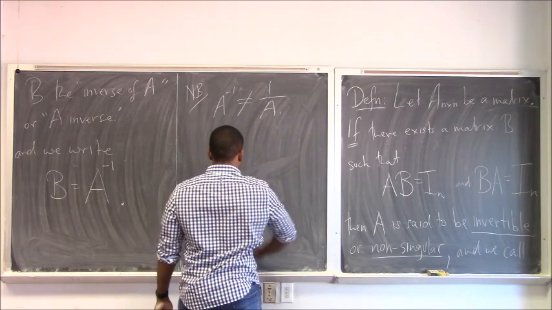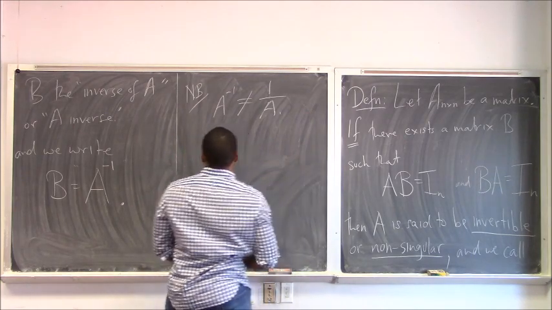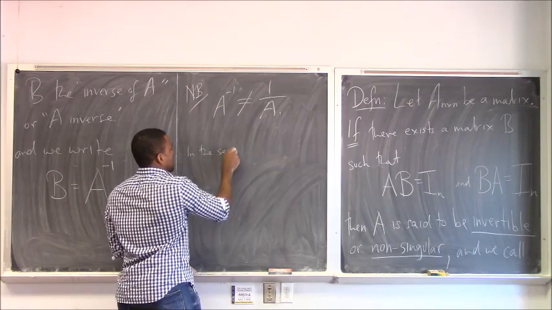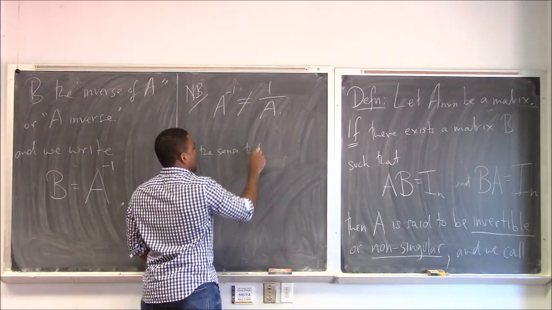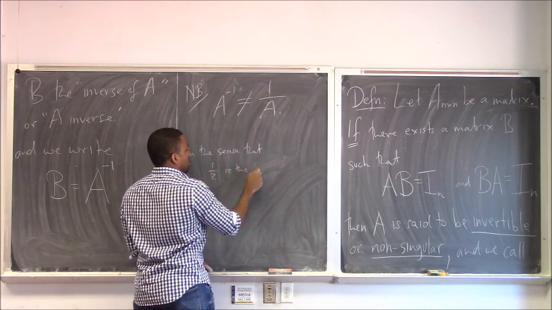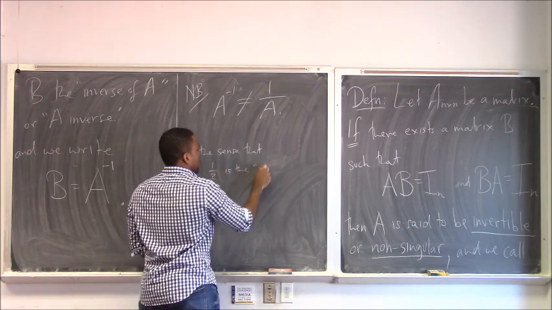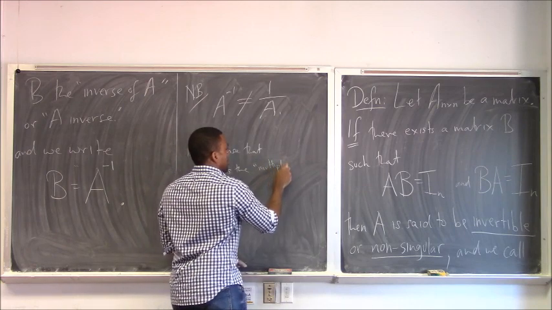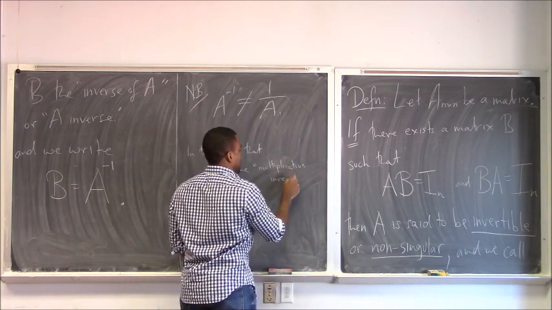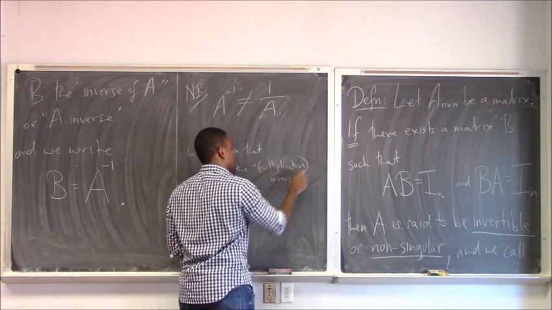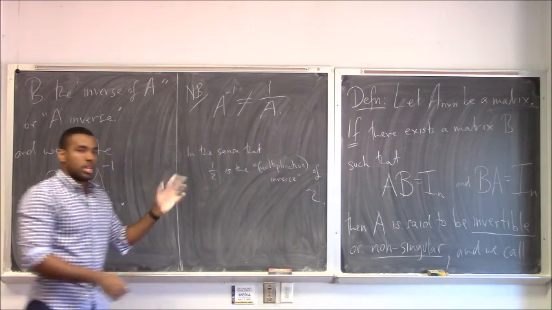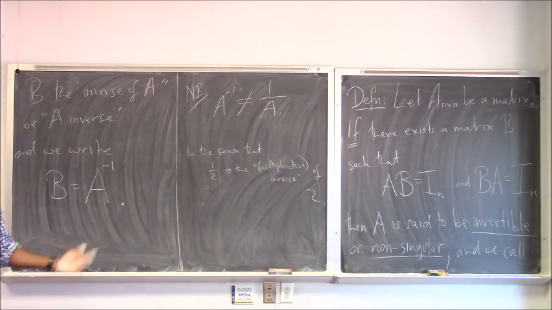In the sense that, say, a half is the multiplicative inverse of 2, right? Because if I take 2 times a half, I get 1, which is the identity for the real numbers.